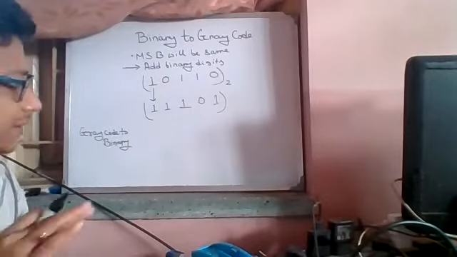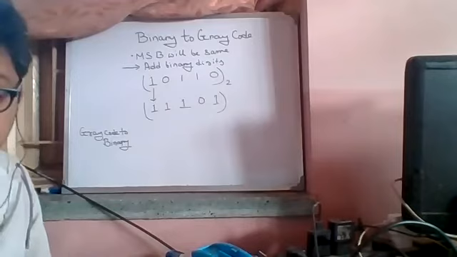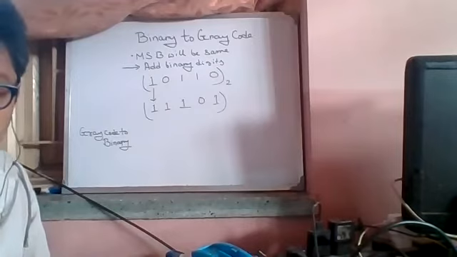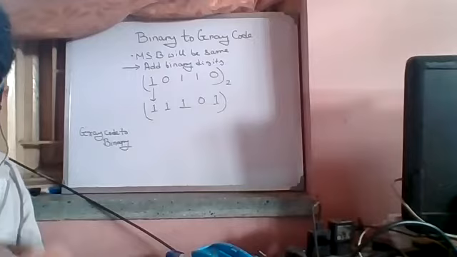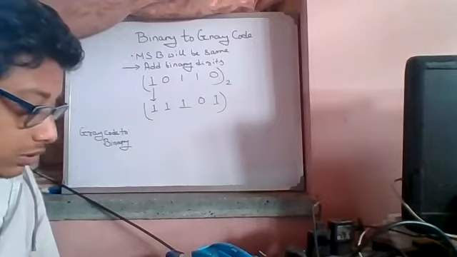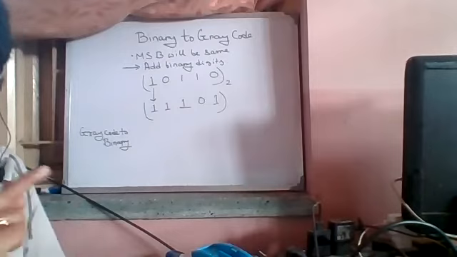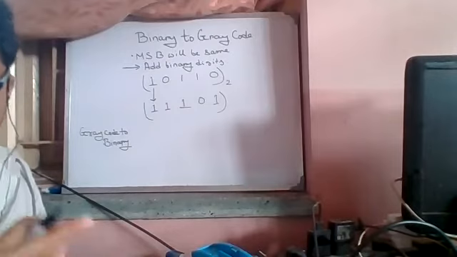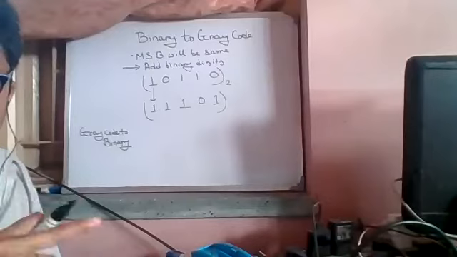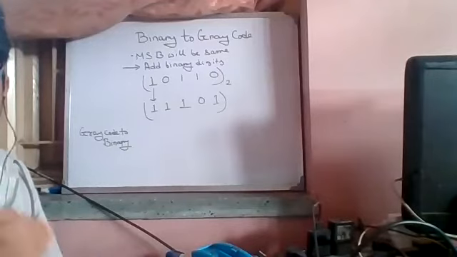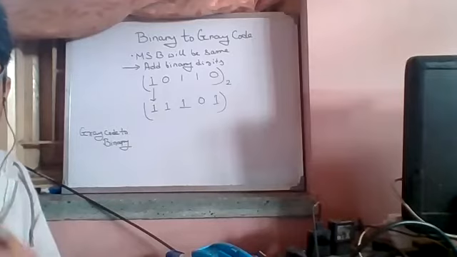First rule is same, MSB will be same. The second rule is a little changed: add each binary digit generated to the gray code digit in the next adjacent position.